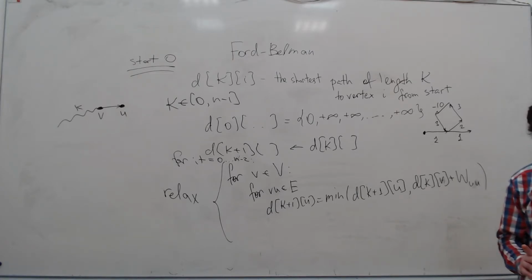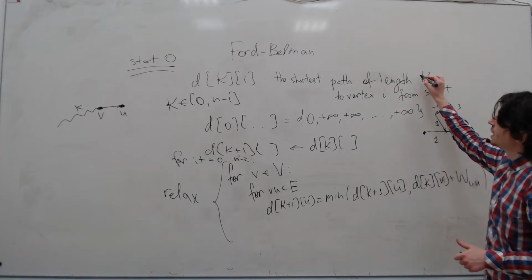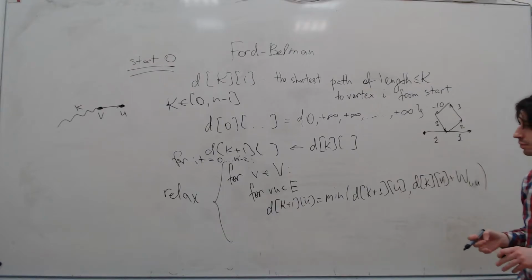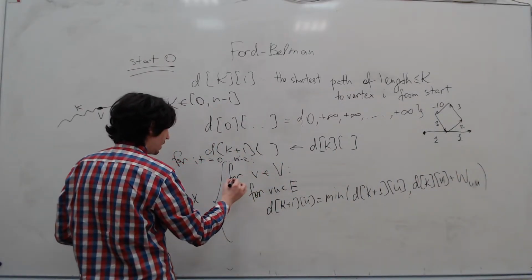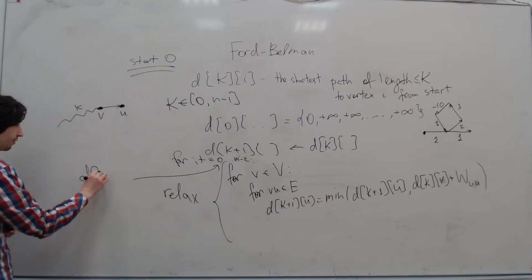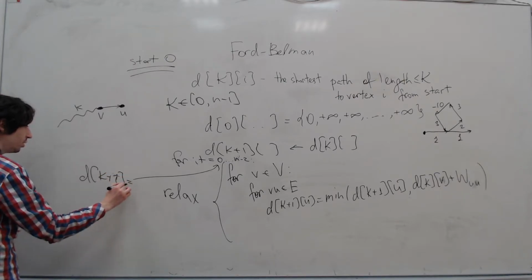Okay, so let me paraphrase the problem a little bit. So let us say that the shortest path of length less than equal to k. Then we should say here that d of k plus 1 equals to dk.